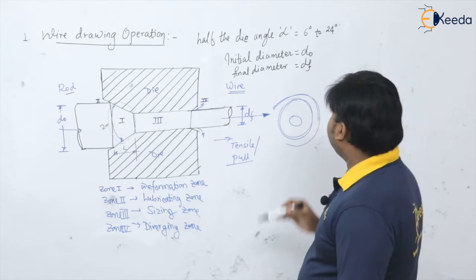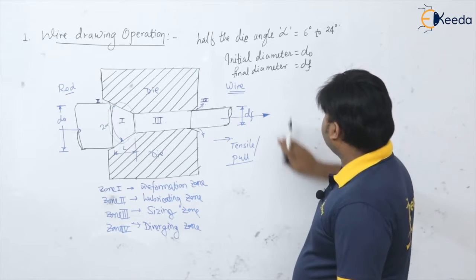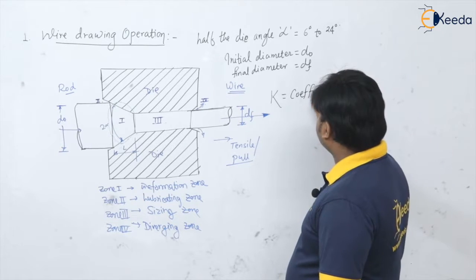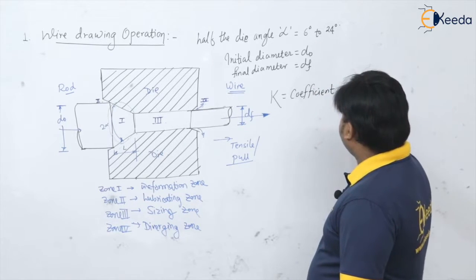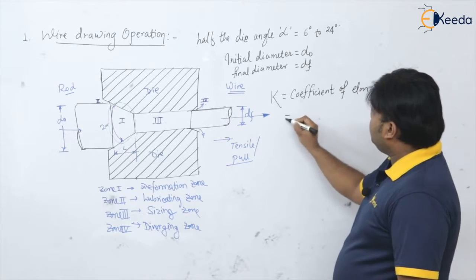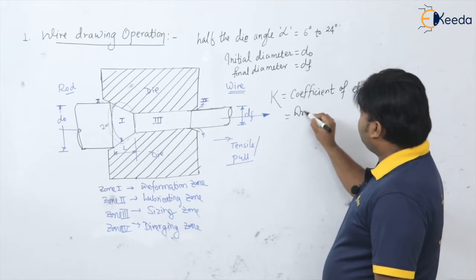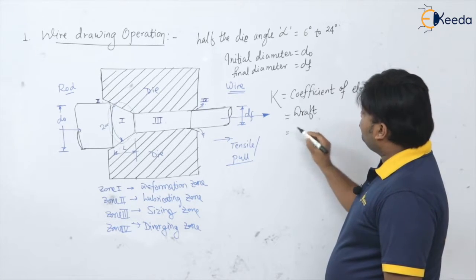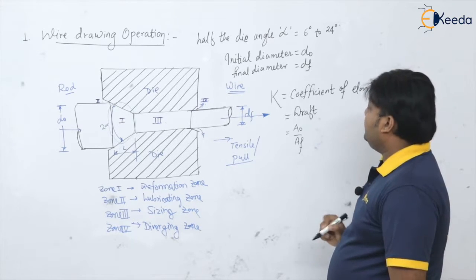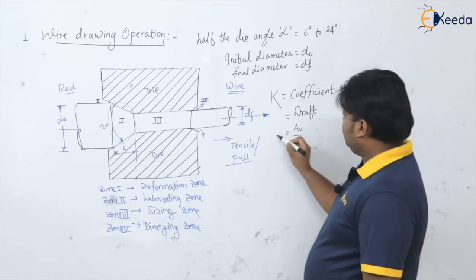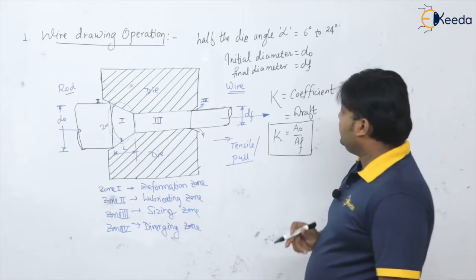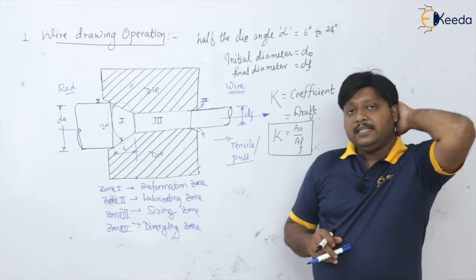Now from here we have the value K, called the coefficient of elongation, that is, you can also call it the draft in the operation, equal to A original divided by A final. What is the draft in the operation or coefficient of elongation? It is A original divided by A final.